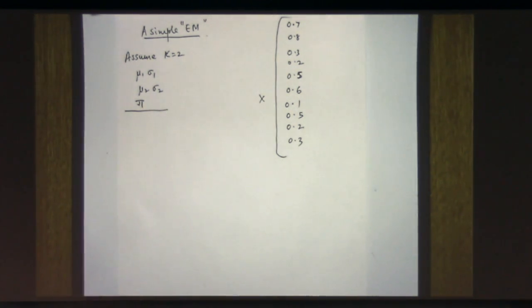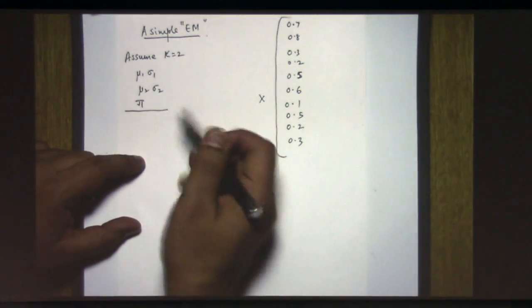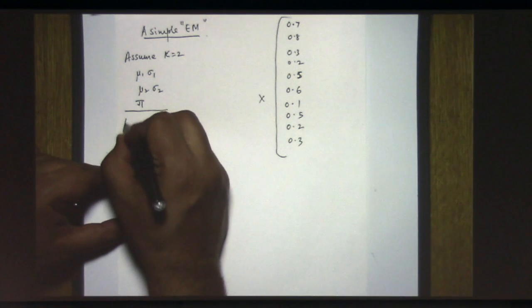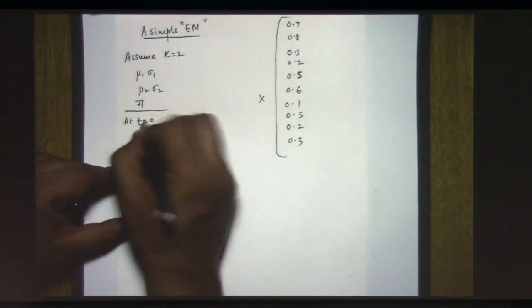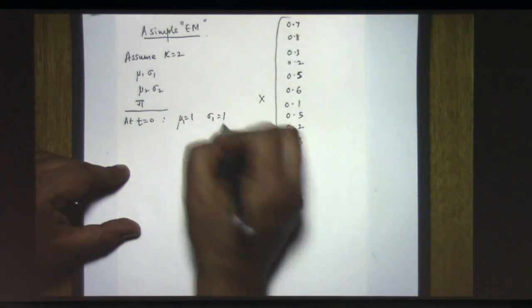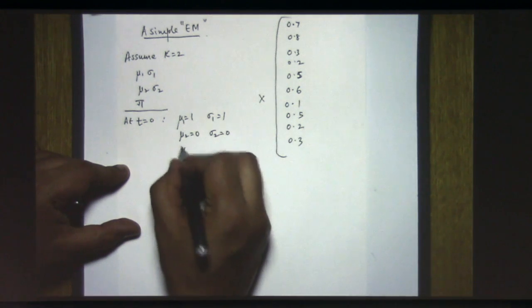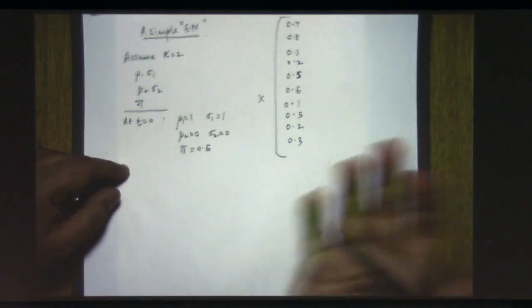Of course, in the beginning we have to start with some values. So let's say at t equal to 0, which is the initialization, mu1 is 1, sigma1 is 1, mu2 is 0, and sigma2 is 0, and let's say pi is 0.5, some reasonable assumptions.